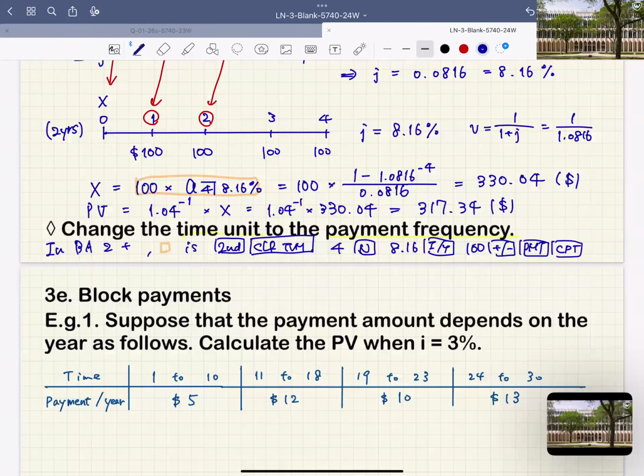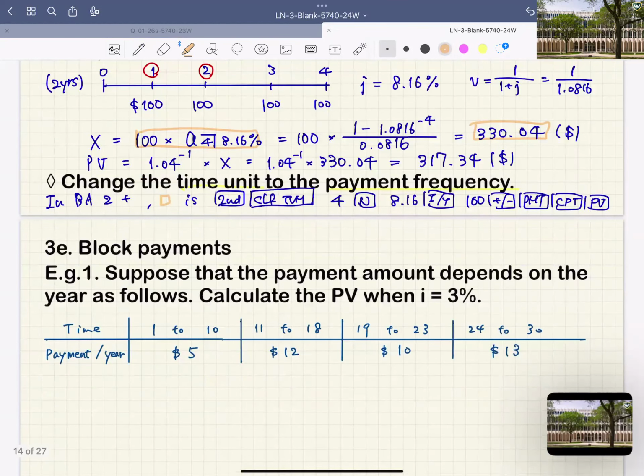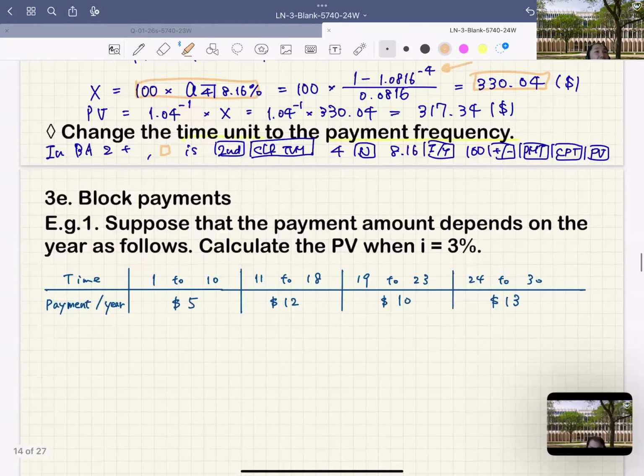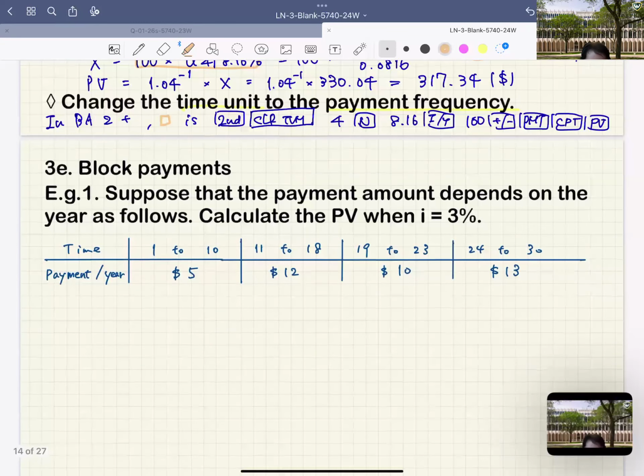Then you will get this 330. Once you get used to the BA2 plus, the calculation is faster. But still, this is not too complicated, so it's worthwhile to do it by hand a couple of times. Do you have any questions?